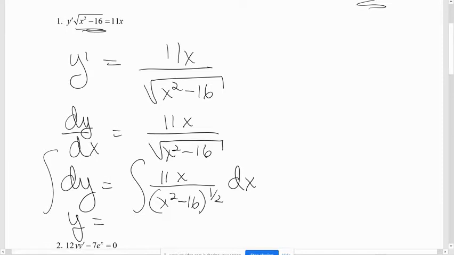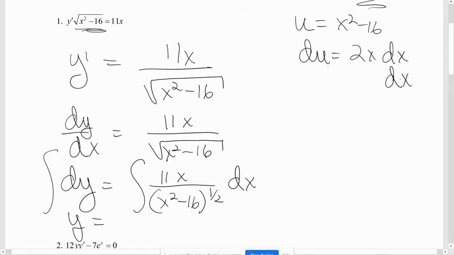We know that the right side looks like we're going to have to do, we got division. We know that's bad. Usually our first option is u substitution. We do have parentheses, so let's go with u equals x squared minus 16. So that means du would be 2x dx. So dx would be equal to du over 2x.